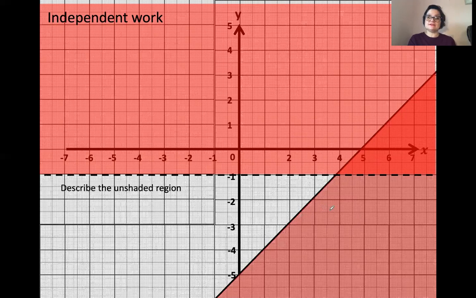It is going to be through identifying the c, the y-intercept, which in this case is minus 5, and the gradient. By building this right angle triangle, I can see the gradient is going to be 1. And then find out again by using one point of the unshaded area, substituting and finding out what that satisfies. Just follow exactly the examples that I showed you before.